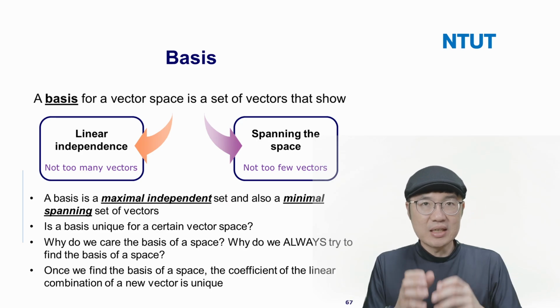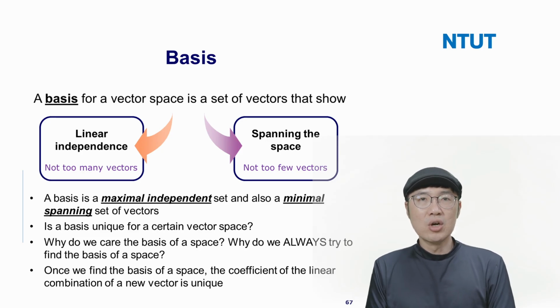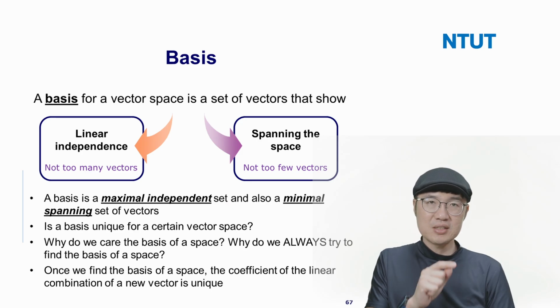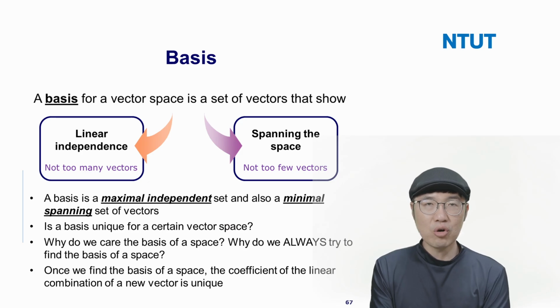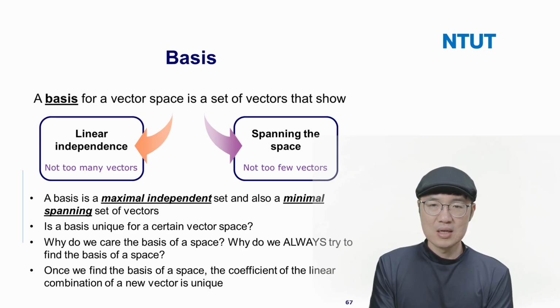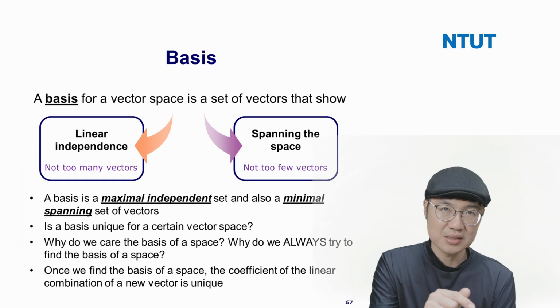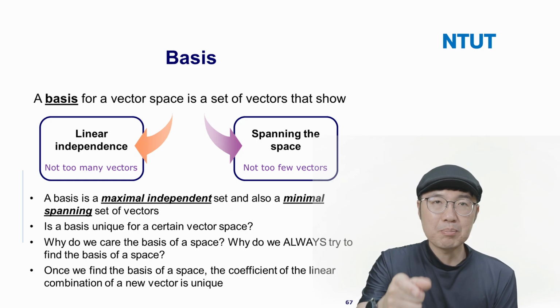A basis is the ID of a subspace. In linear algebra, we always find a basis. If you have a subspace, the first thing you do is find a basis. Why? Because when you find a basis, you have the whole subspace, as the subspace is spanned by the vectors in the basis.